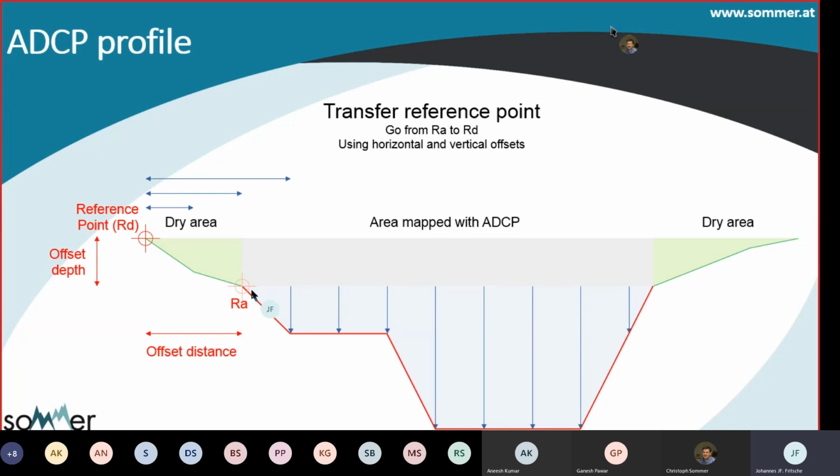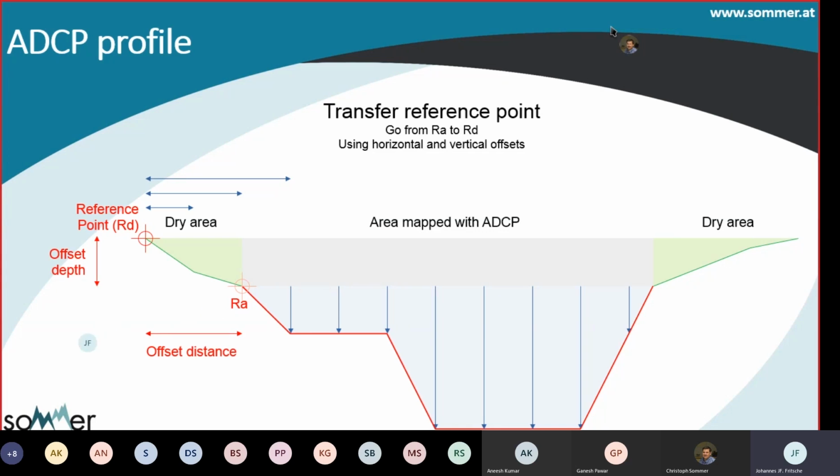But then you have situations where you have higher water levels. So it's the green sections here on the left and at the right side of your river. And you don't cover this area with an ADCP boat. So you have to add this area here to your cross-sectional profile as well, and add it to the discharge table, so you can determine the discharge at very high water levels as well.